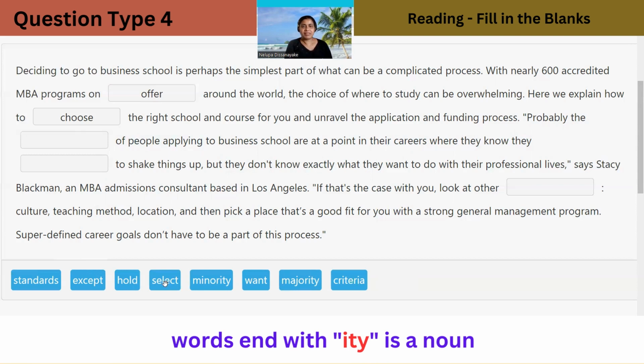Hold of people, select, minority, want, majority. Out of minority and majority, the best suitable answer according to this sentence is probably the majority of people applying to business schools are at a point in their career. So it has to be majority. It doesn't say something specific about a minority of people doing this and a majority doing that. So it has to be majority.